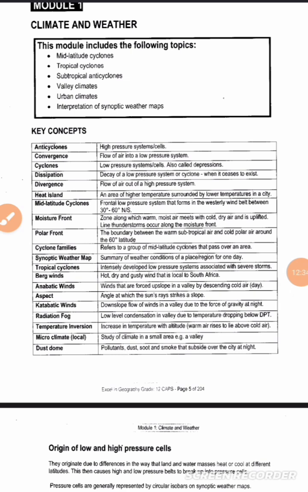We need to cover these things in climate and weather, which have been detailed in the exam guideline.